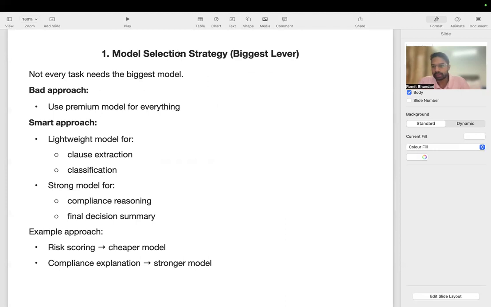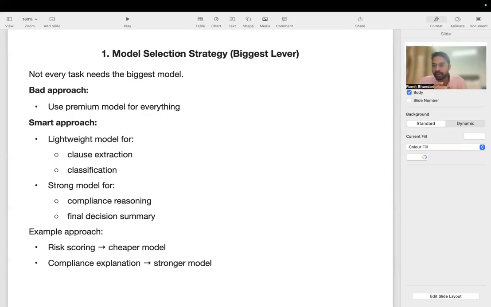Number one is model selection strategy. Now, if you keep on using a premium model all the time because it gives you accurate and better responses, very soon you will realize that it would have been better if I hadn't built the system itself, right? Because the whole and sole purpose of using agentic AI in the first place was to reduce costs so that manual workflows can be automated.